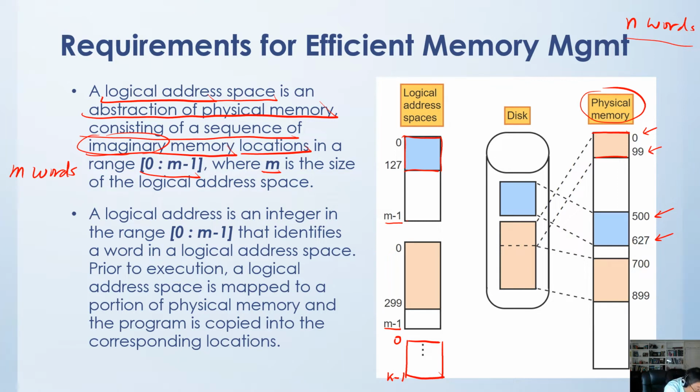For example, this program takes 128 words, right? So once you place it in logical memory, it's from 0 to 127, which is 128 minus 1. And we may develop another program that starts from logical address 0 to 299. So this 0 and 127, those are logical addresses.